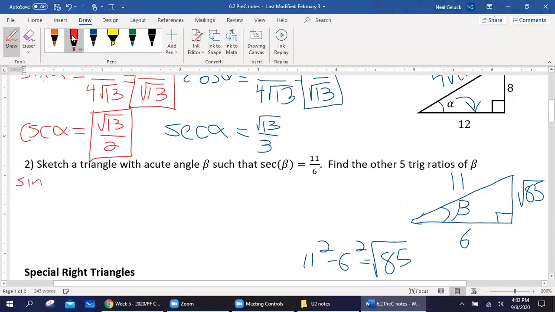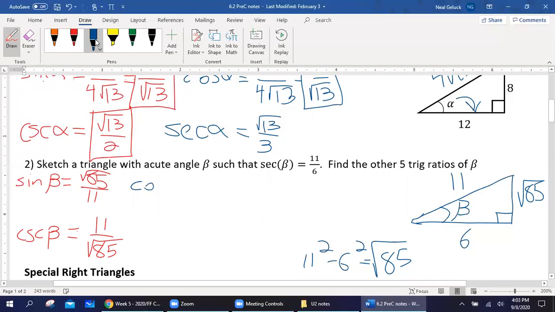Okay, so the sine from beta would be the opposite, which is root 85, over the hypotenuse, which is 11, which means the cosecant is the reciprocal of that, so it'd be 11 over root 85. I was already given the secant, so I just need the cosine here.